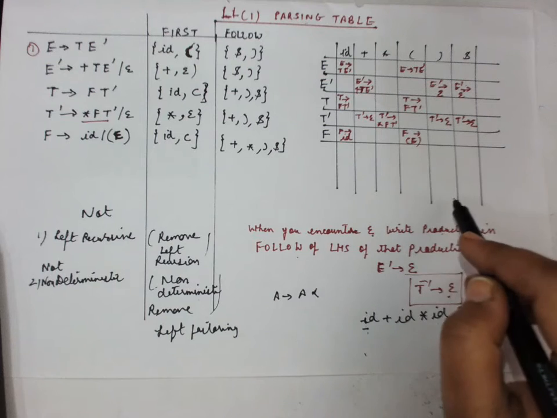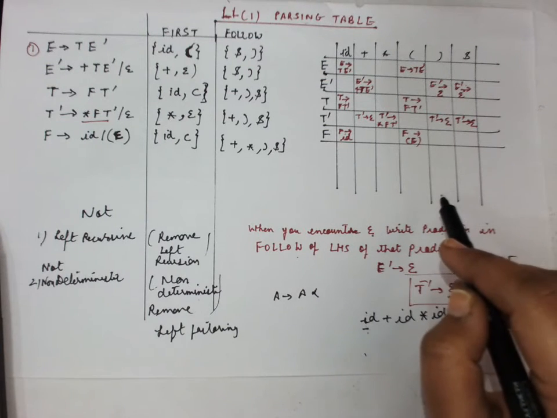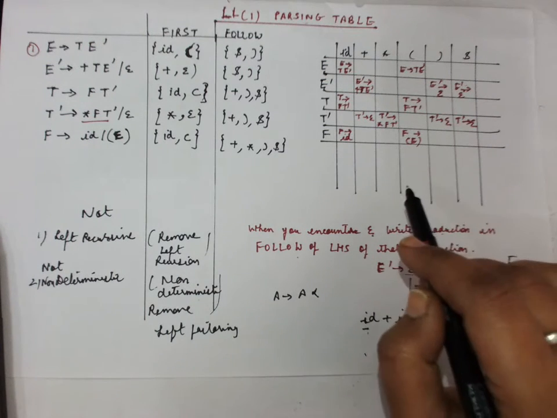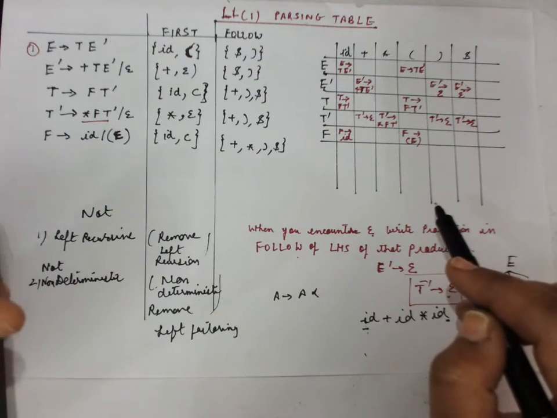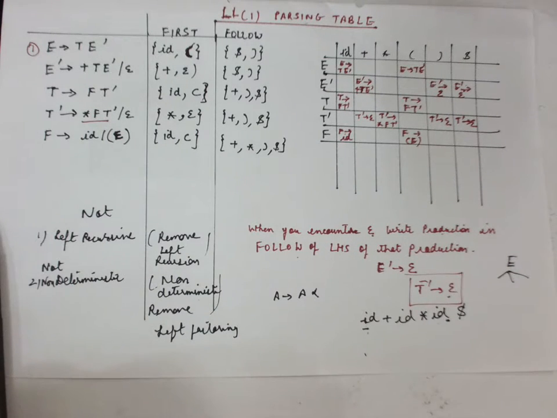Once we have generated this parsing table, we will be able to parse the string given to it. For example, you have the string id plus id into id. We will see how we'll get this string.